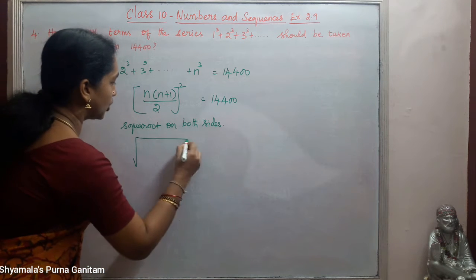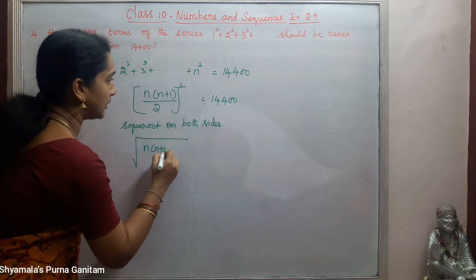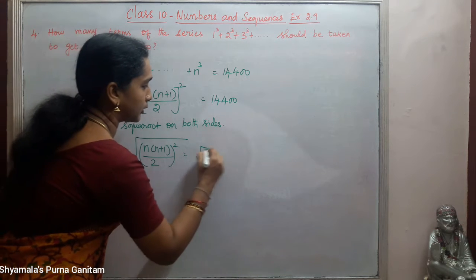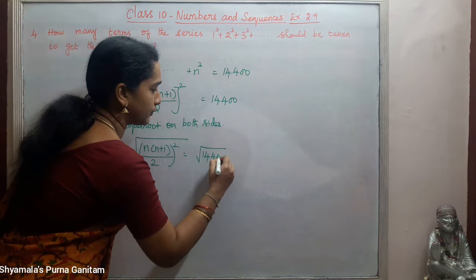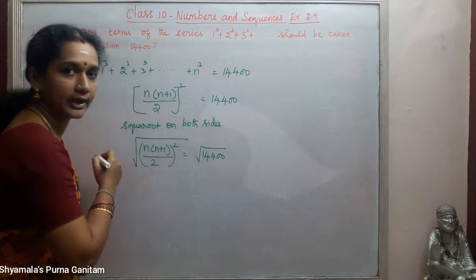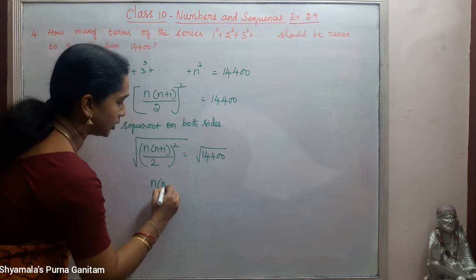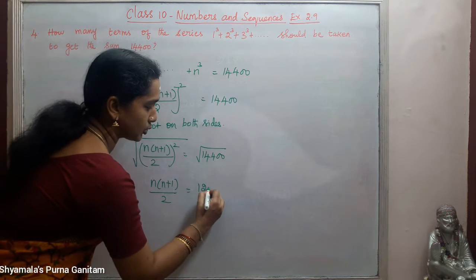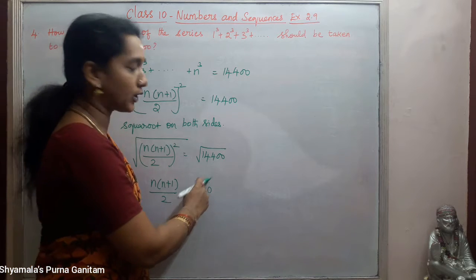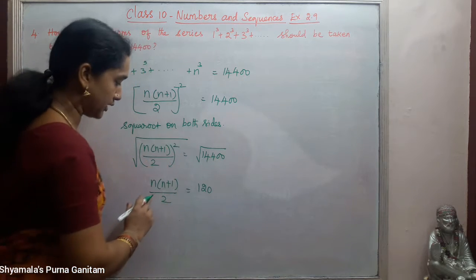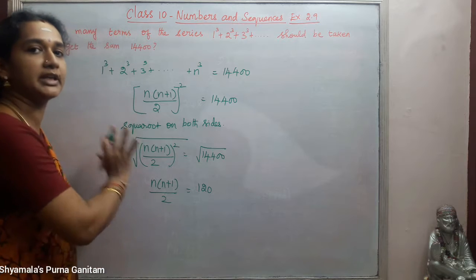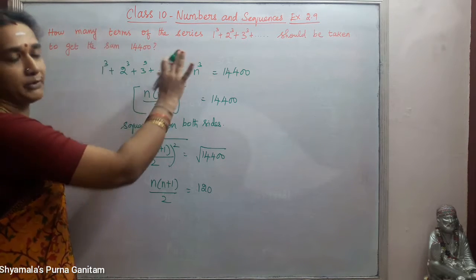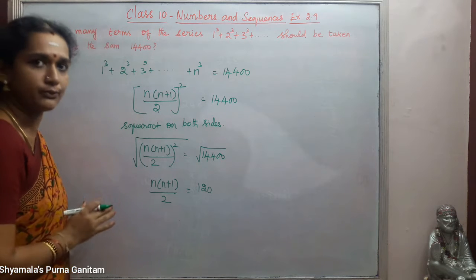So root of n into n plus 1 by 2 the whole square is equal to root of 14,400. So this root and square will get cancelled. So n into n plus 1 by 2 is equal to 120. So 12 12s are 144, remaining 2 zeros. Now if we simplify, we will get the value for n. That many terms we have to take so that the sum will be 14,400.